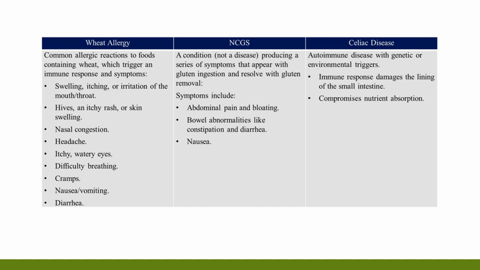Now, if you have celiac disease, this is an autoimmune disease that is basically triggered whenever we have the protein gluten in our intestinal tract. So what happens is the presence of gluten in our intestinal tract activates our immune response, and what it does, it actually ends up damaging the lining of our small intestine. And unfortunately, the lining of our small intestine looks like these fine microscopic hairs.